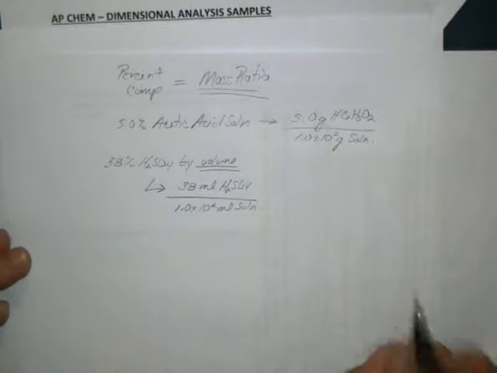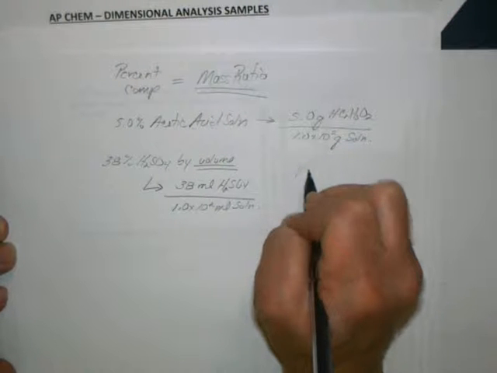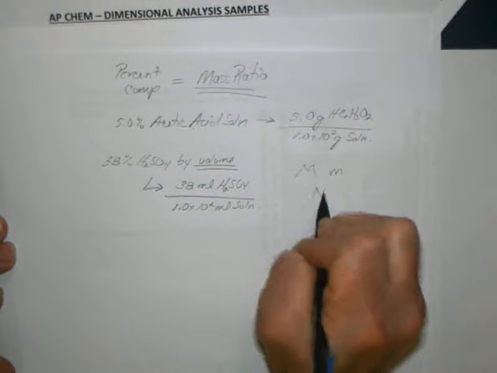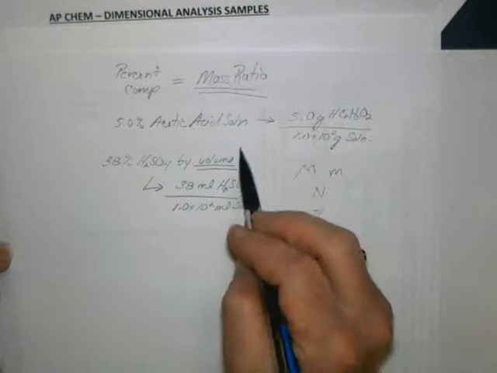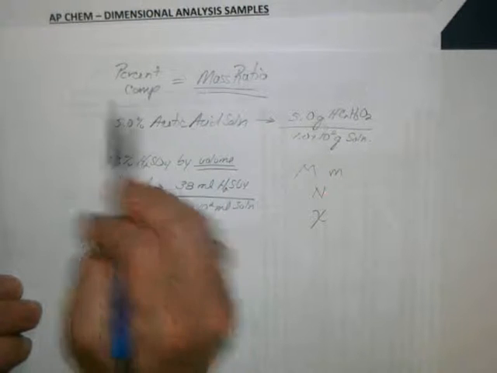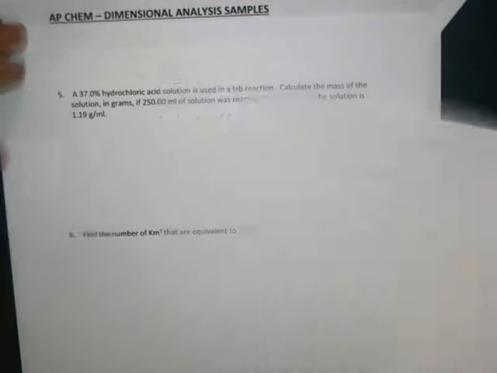Now, there are other, of course, expressions of solution concentration: molarity, molality. We're going to learn this year normality, mole fraction, but coming into AP, it's the expectation that you'll just be familiar with percent comp. So, let's dig in.